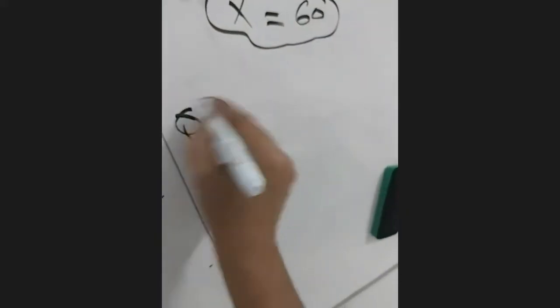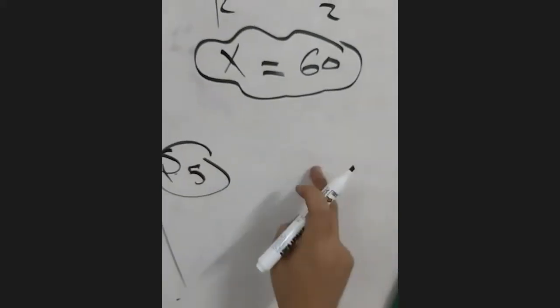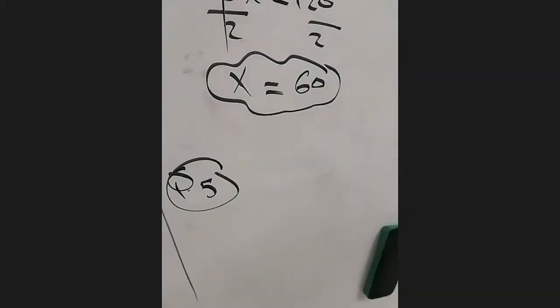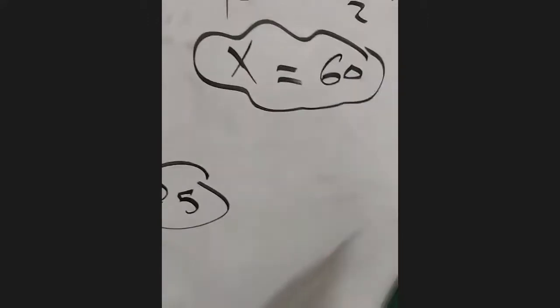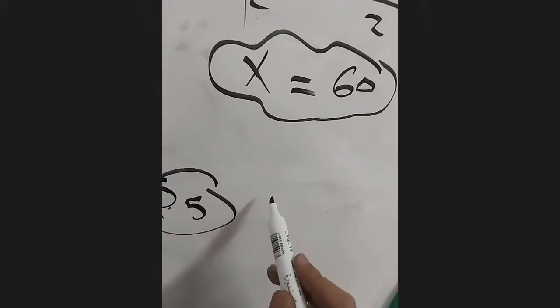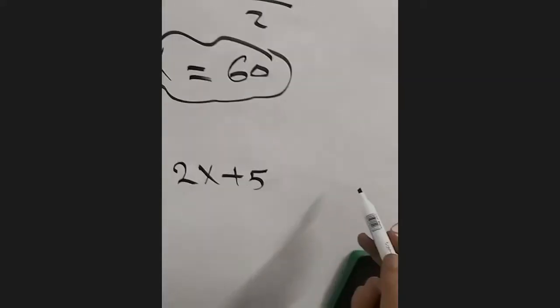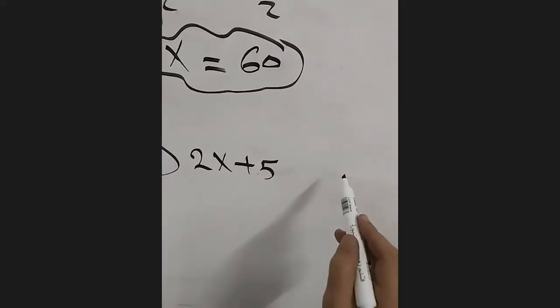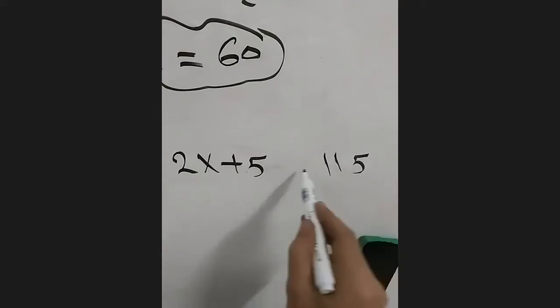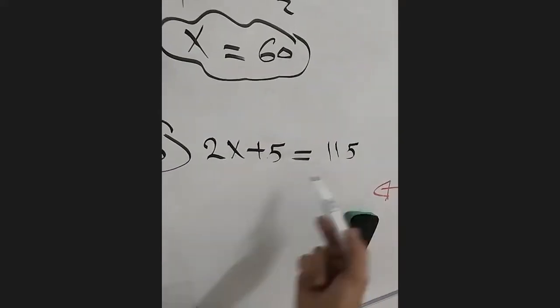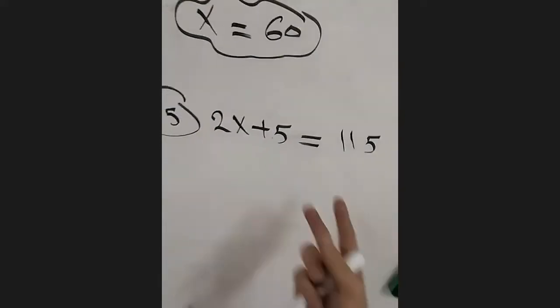So to solve question 5, we put the two angles and put equal between them. What are the two angles? 2x plus 5 degrees is the first angle and the other angle is 115. They are equal. Now how do we solve this equation?